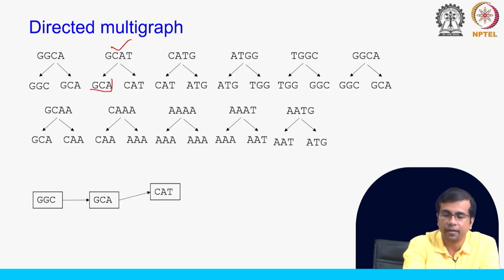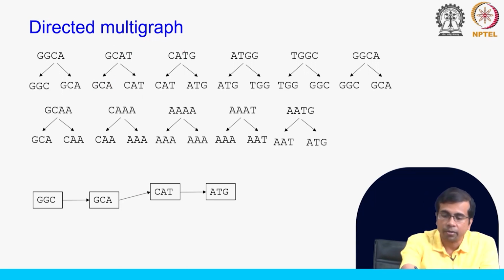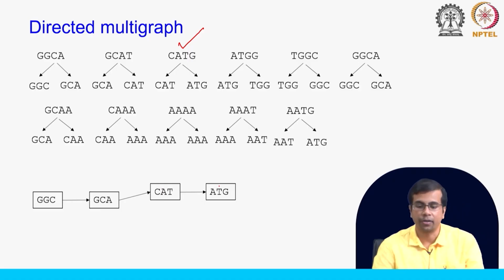GCA exists in the graph, and we then add this CAT node and add this edge. Remember, traversing this edge will give us the k-mer, the read sequence. So, we proceed with this. We have now moved on to CATG, and again CAT exists. So, we add this ATG node, and we also add the edge between these two nodes.